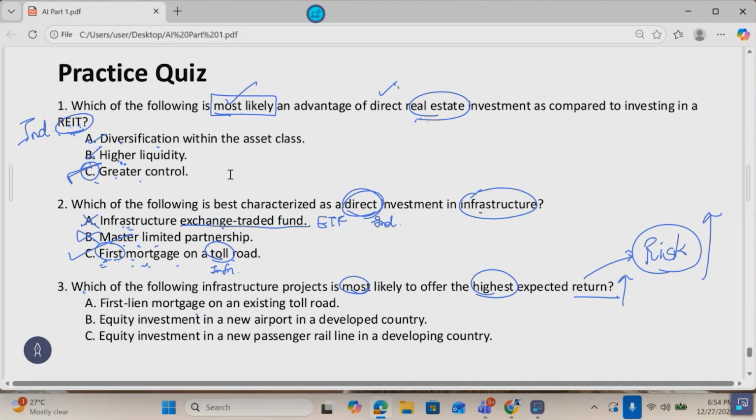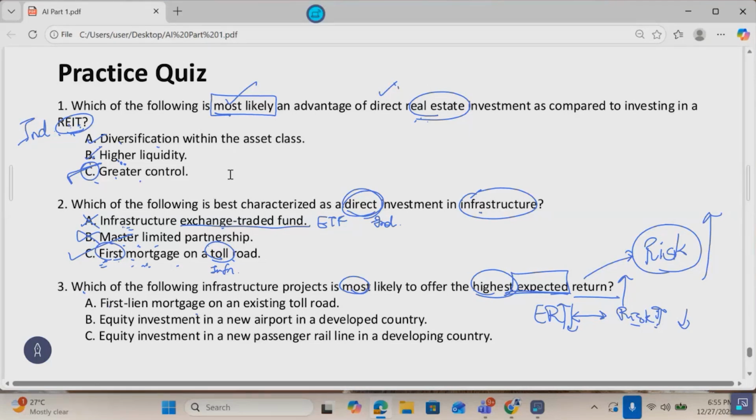Because the word is expected. So obviously, you are not a fool to expect a lower return on high risk or vice versa, right? So expected return will always be equated with the risk. The greater the risk, the greater the expected return, right? And vice versa. Lower the risk, lower the expected return. So you need to find out which of these has a higher risk and therefore a higher expected return, right?